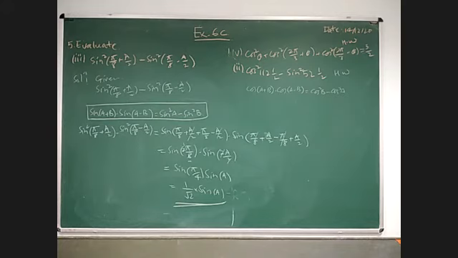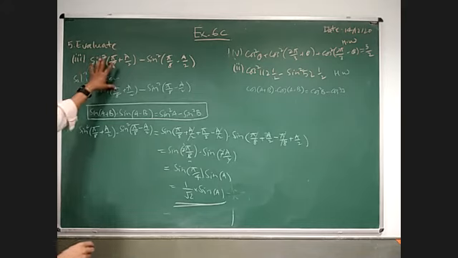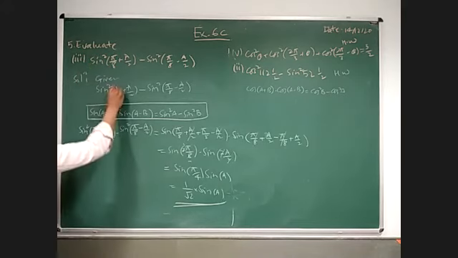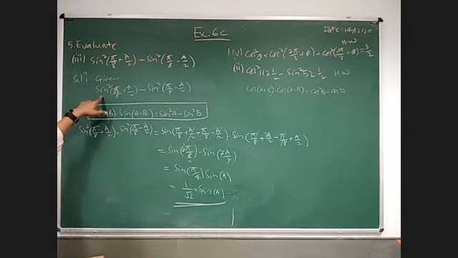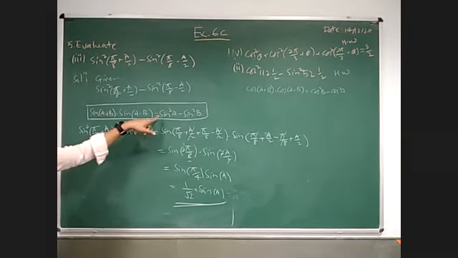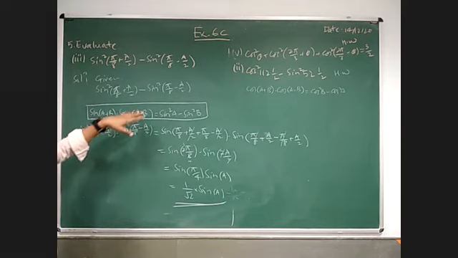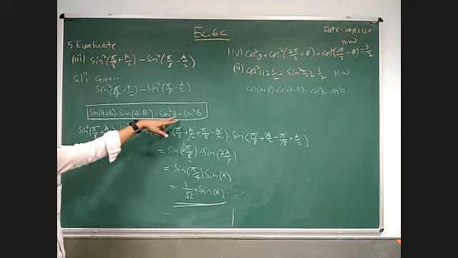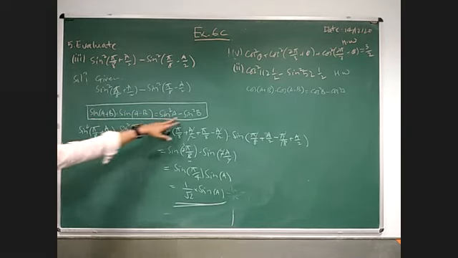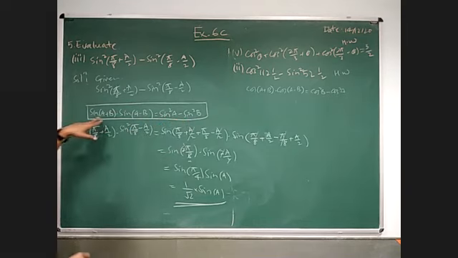If you didn't understand this question, once again I'm going to tell you. Here I applied this formula: sine square A minus sine square B changes into sine (A plus B) into sine (A minus B).